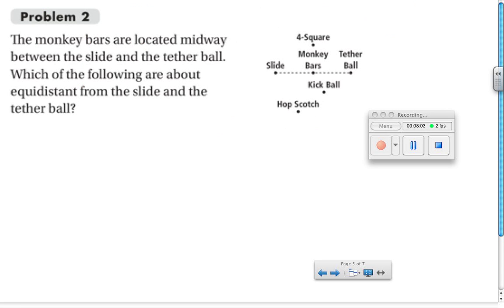The 4 square and the monkey bars, because they both would lie on the perpendicular bisector of the segment connecting them. And really, the monkey bars is kind of a given because the instructions tell you it's located midway between the slide and the tether ball, so we're not going to restate the obvious. Our answer is the 4 square.